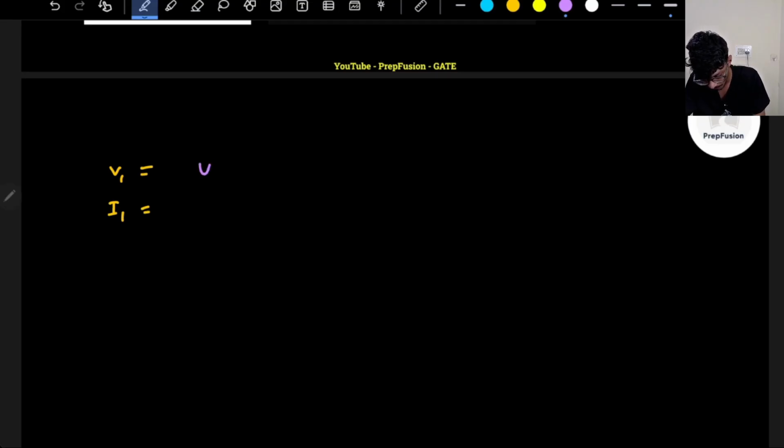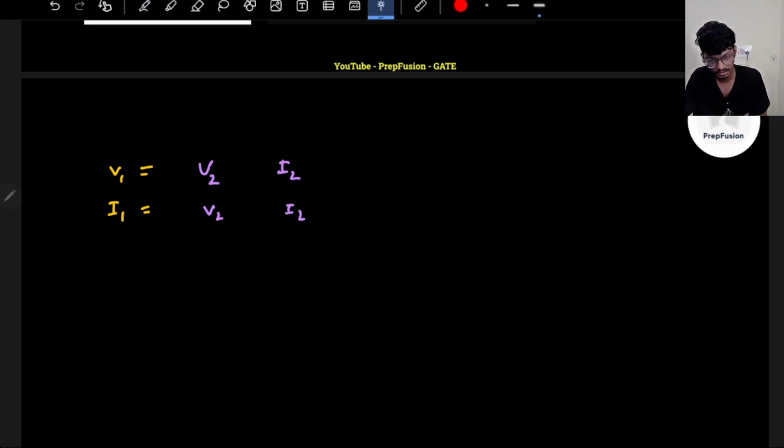That is V2 and I2. So how do you remember this? Very simple: remember that I have to write my input port variables in terms of output port variables. Input port variables: V1, I1. Output port variables: V2, I2. Just write this much and you will be able to memorize.